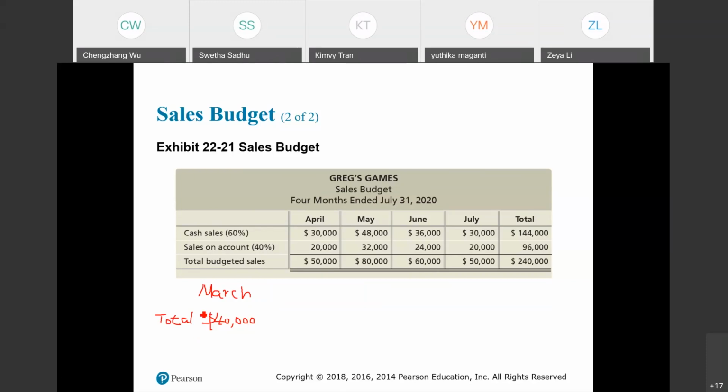And this company collects all the sales on account the month after sale. So in other words, 60% of the sales in March is collected in March, and another 40%, that is 16,000, will be collected in April.